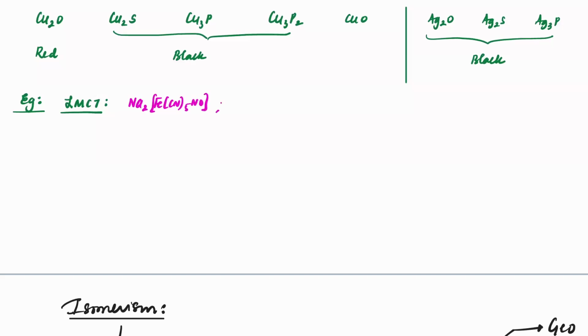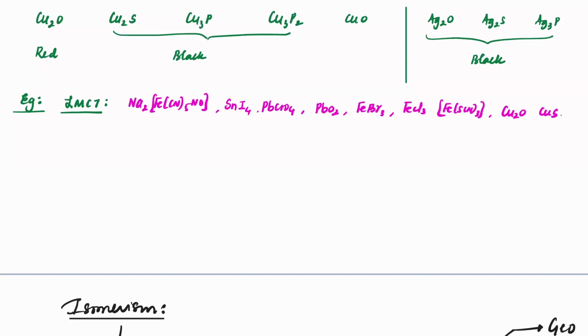Got it? SnI4 is colored due to LMCT. PbCrO4 is LMCT. PbO2 is LMCT. FeBr3, FeCl3, Fe(SCN)3. Cu2O or CuS, like I said, all the polarizing cases will also be considered as LMCT.